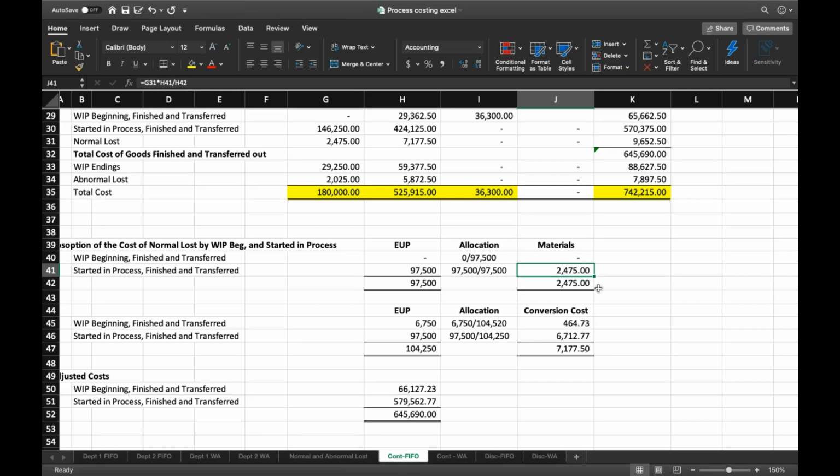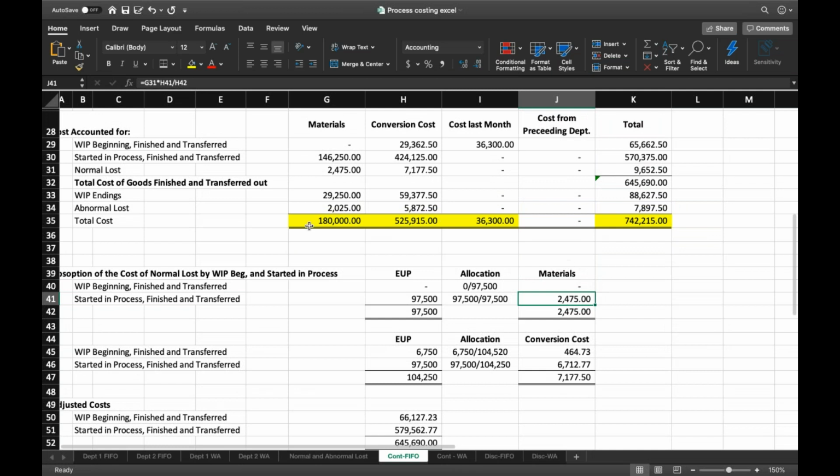So, yung ating transferred out, the cost of goods finished and transferred out, of 645,690 will be divided dun sa dalawa. Itong 9,652.50 will be allocated to the beginning and the started in process. Kaya yung beginning natin, hindi na siya 65,662 lang.